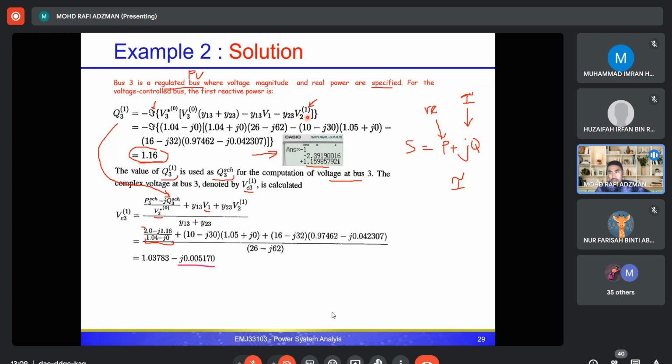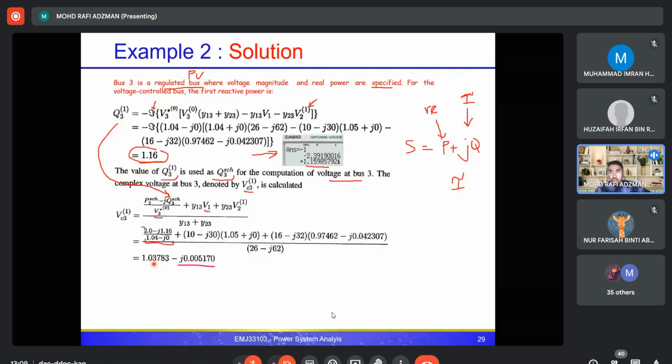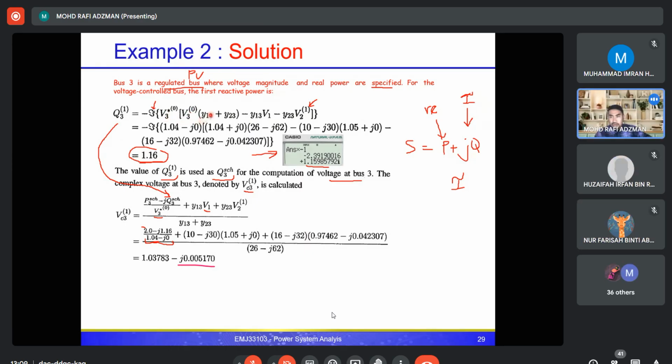So this V2(1) is the one that you already calculated before, which is this one. So use back this value, put it into these equations, and the others like V3(0) and all the admittances.